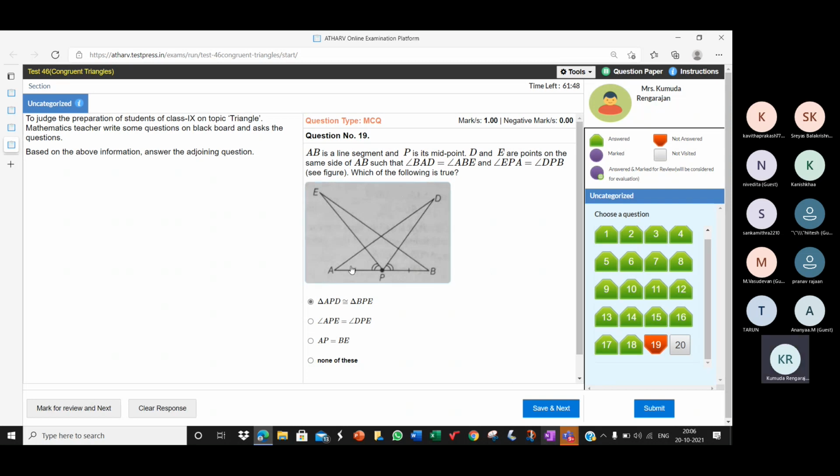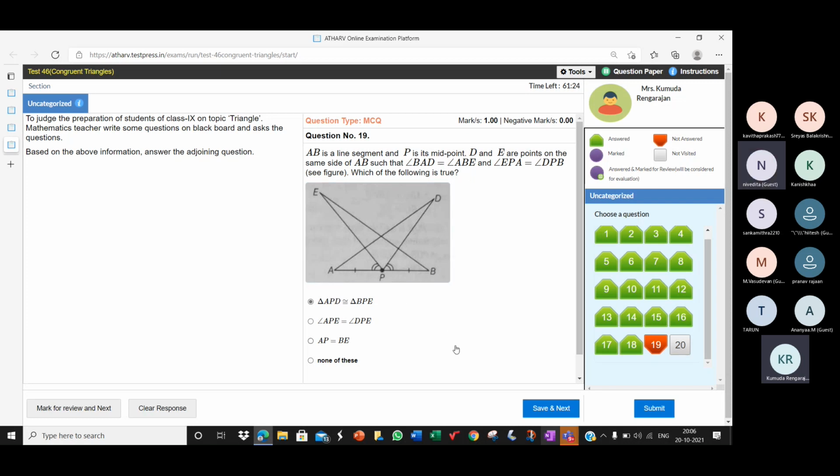Then the other one is given, right? So see here, BAD is equal to ABE. So this angle is equal to ABE. So angle A is equal to angle B. Angle A of this triangle is equal to angle B of this triangle. AP is equal to BP, and angle APD is equal to BPE.